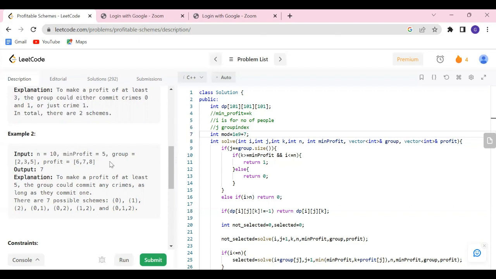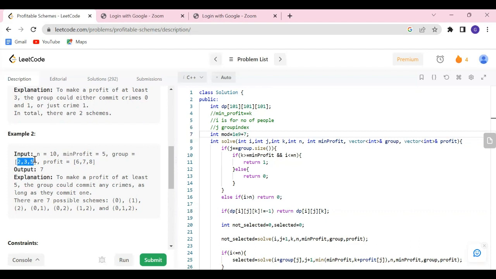Here minimum profit is what? 5. It can be anything beyond 5, but it should not be less than 5. So for comparison we have to take this 5. If it is greater than 5, it's okay, but if it is less than 5, then it is not valid.